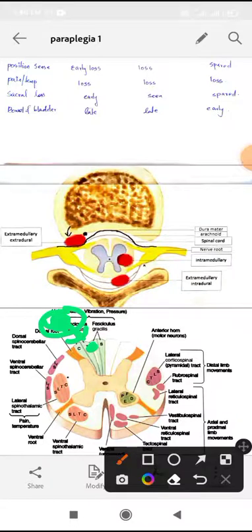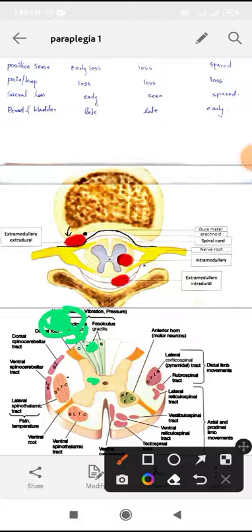But in an intradural lesion, the posterior column is not as close, and in intramedullary lesions the position sense will be spared. In extramedullary, extradural lesions, the position sense will be lost early.